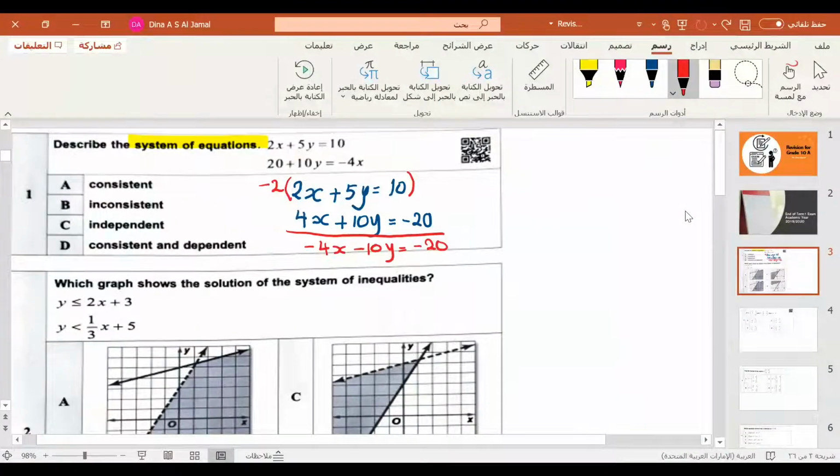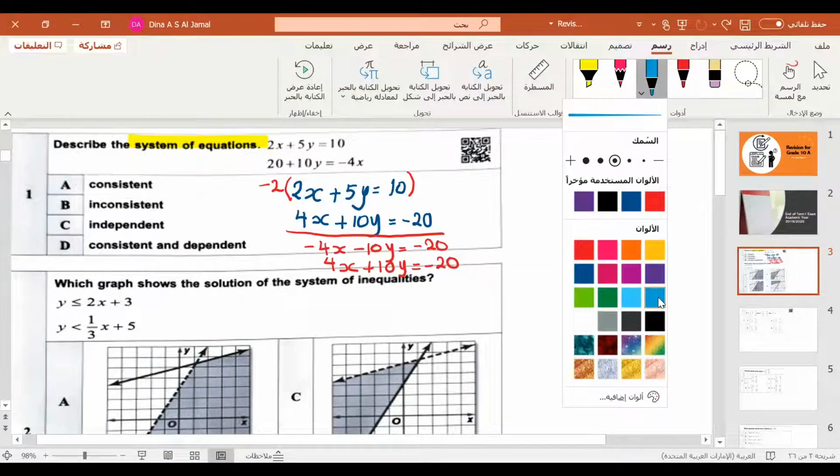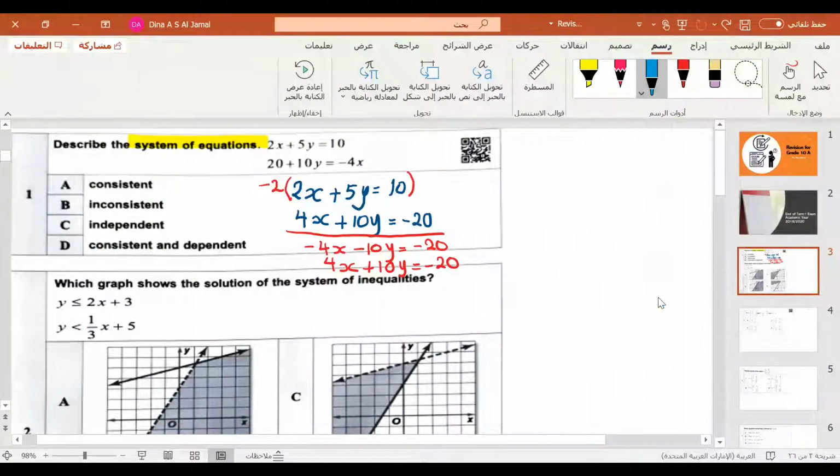And here you are having 4x plus 10y equal to minus 20, as it is, you didn't change it. So whenever you would like to eliminate the x, you will be adding these two equations. Now let's continue our solution here.